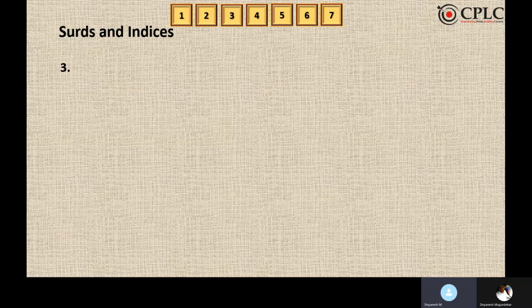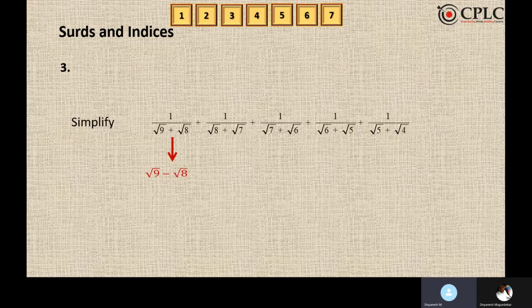So when you do that in both numerator and denominator, in the denominator you will have a plus b and a minus b. So a plus b and a minus b, the answer will be a square minus b square, which will be 9 minus 8, which is 1. So that means only in the numerator you will be left with the conjugate, which is root 9 minus root 8.